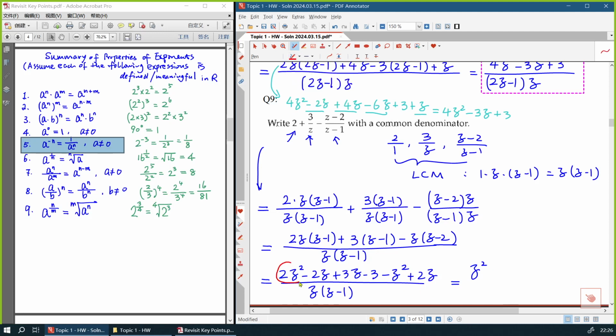Negative 2z plus 3z will give you positive 1z, plus 2z will give you positive 3z, right? And then negative 3. So that's the numerator, right? Divided by z times z minus 1. So that is our final result.